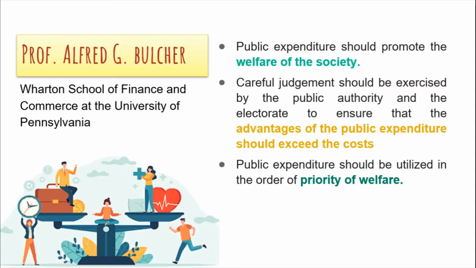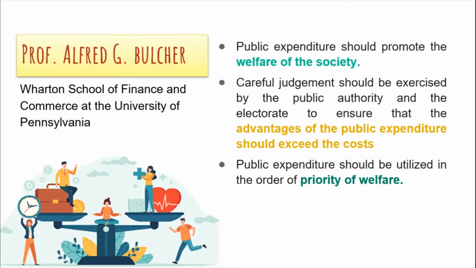So, meaning, it should be benefits versus the cost. Public expenditure should also be utilized in the order of priority of welfare. That is, the services which will bring about maximum welfare should be undertaken first.